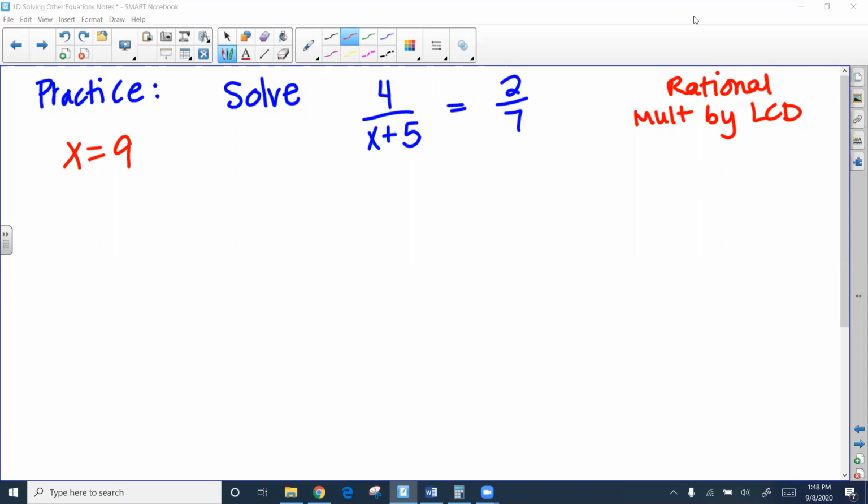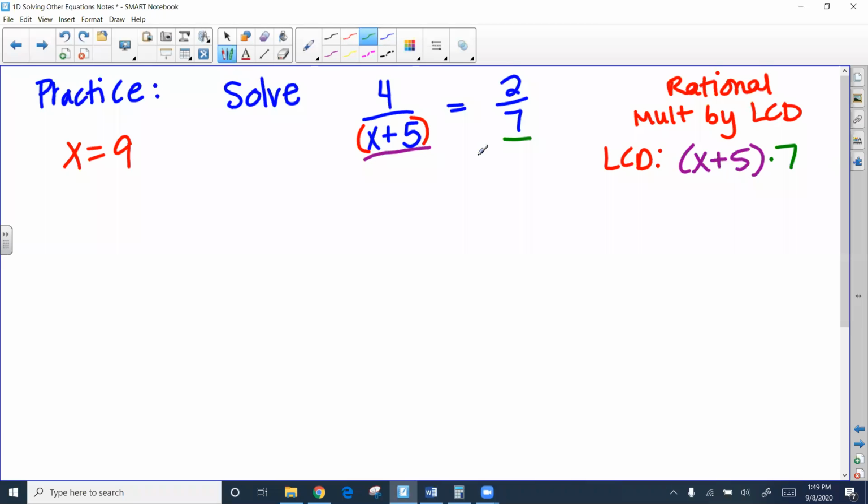So in this case, our common denominator, this denominator is x plus 5. So I'm going to keep that as one single factor. So this is one of my factors, my common denominator, x plus 5. This denominator is just a 7. It does not factor. So I'm including the 7.